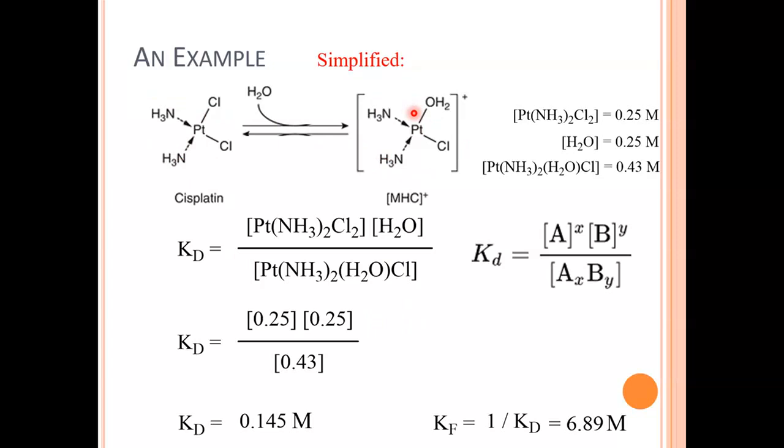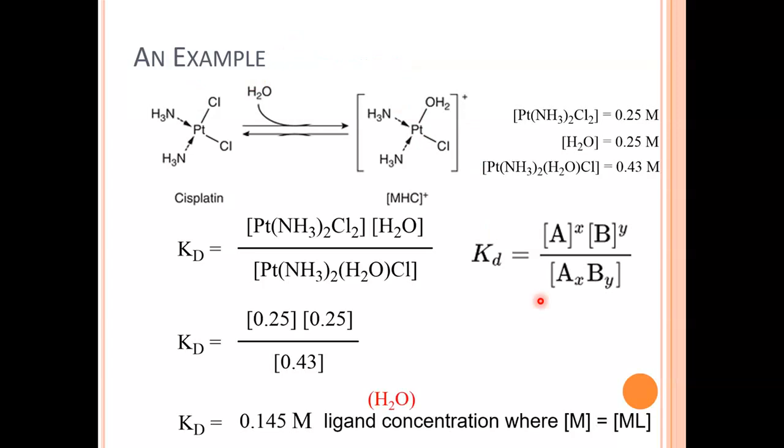We want to know where the equilibrium is sitting, because this will tell us when we have a good amount of receptor forming but also coming apart. That would be a good dosage of water in this scenario to aim for. So this ligand concentration is where M, this one, is equal to M plus the ligand, this one. That's the ligand, but this is where the ligand came from.